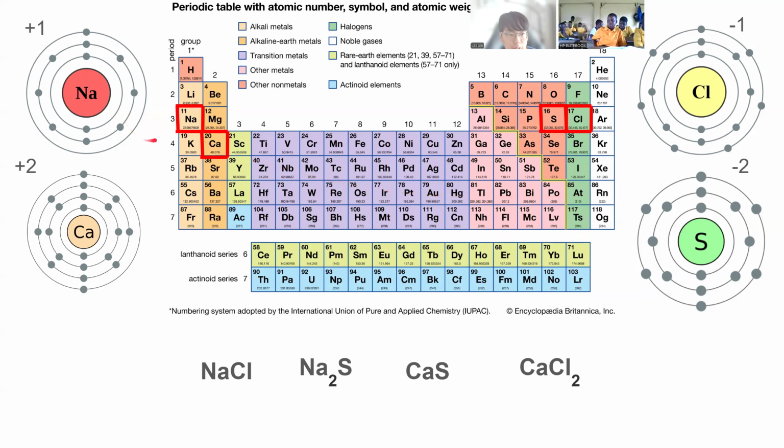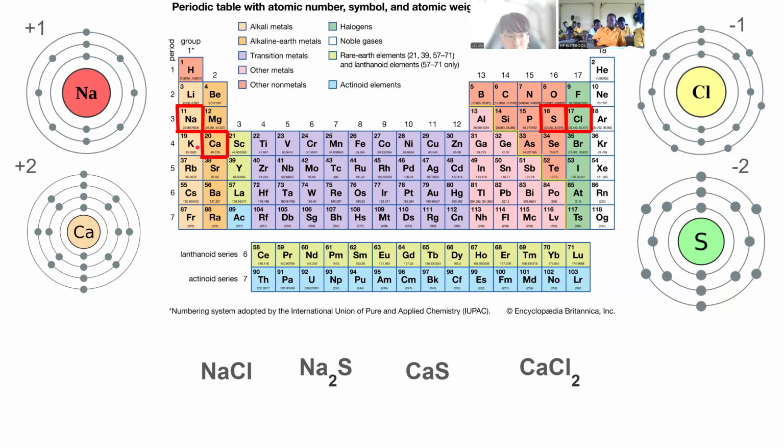What this means is that sodium will have a +1 charge. It wants to lose this 1 electron to make it a neon. Sodium really wants to be neon, so it loses 1 electron.